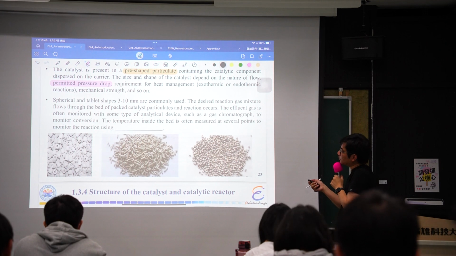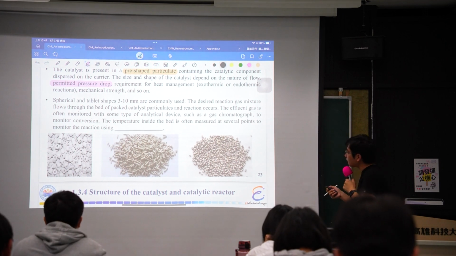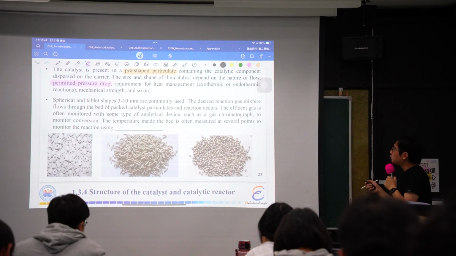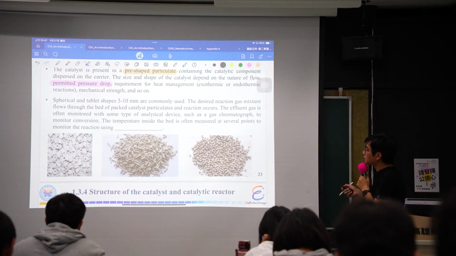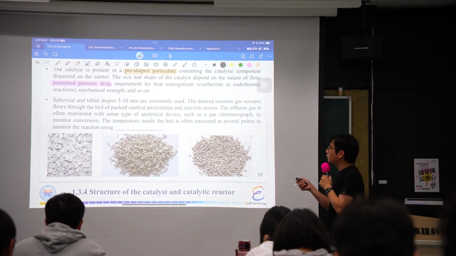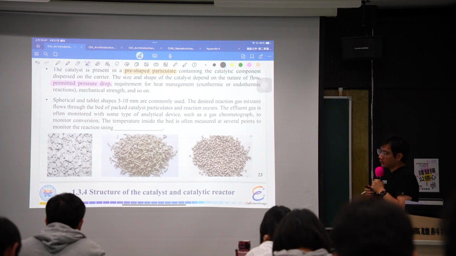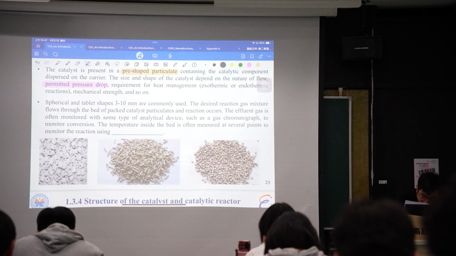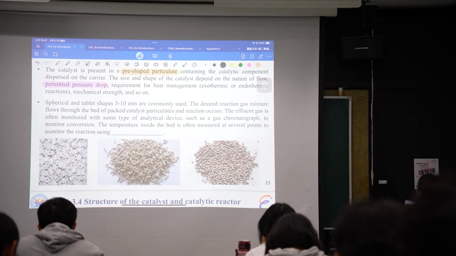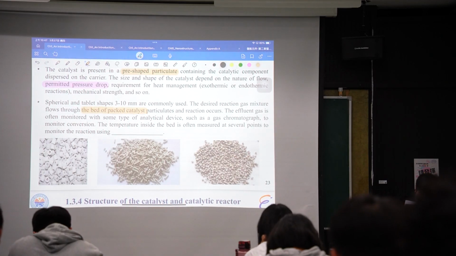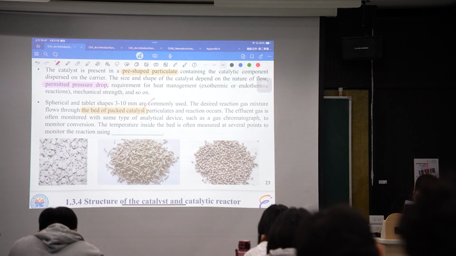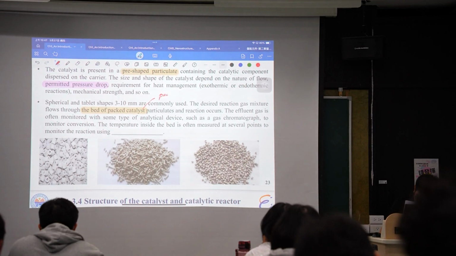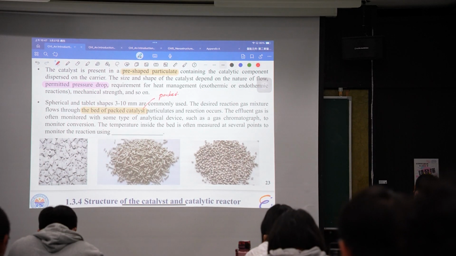10 millimeters, how many uses? Okay. So the desired ratio gas feature goes through the bed of catalyst. 这个叫做填充槽。The bed of catalyst 是我们反应工程学到的填充槽。This is a packed bed.